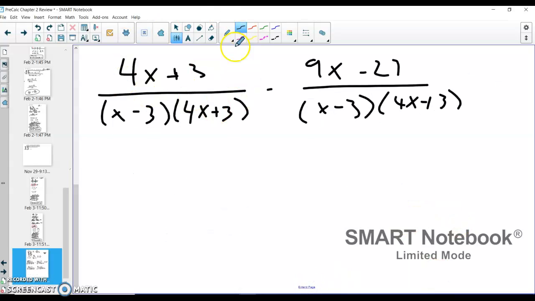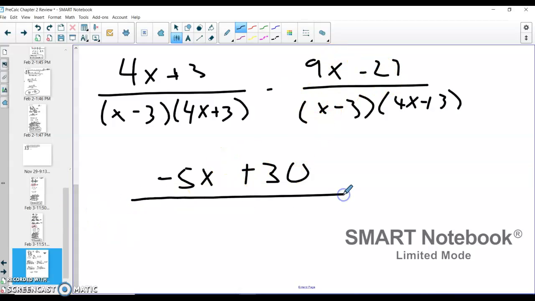Now I have a common denominator, and I can simplify the numerators, put it over the common denominator. 4x minus 9x, that's negative 5x. 3 minus negative 27, it's like adding there, so that's plus 30.